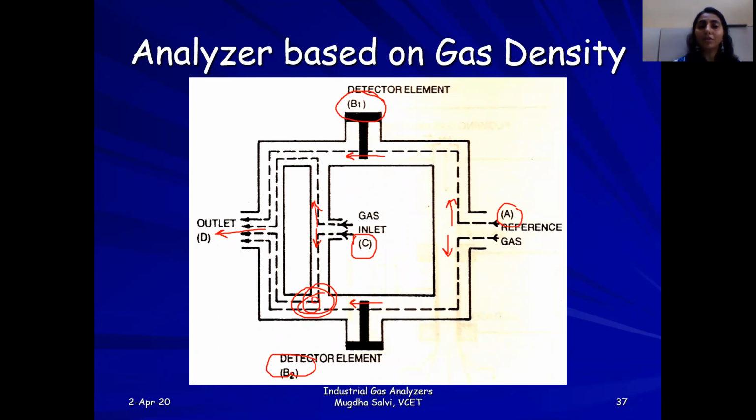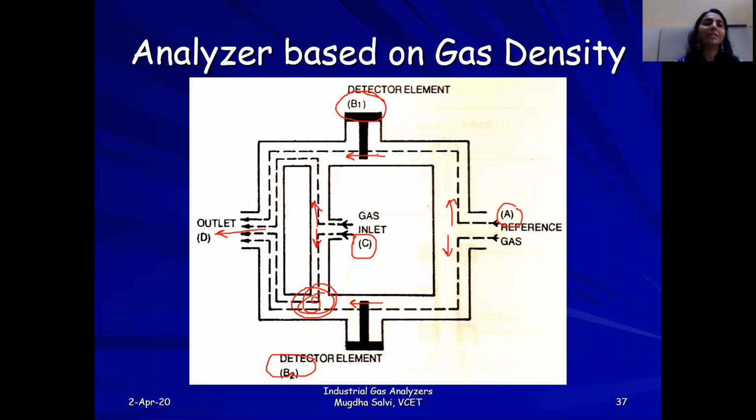Because it gets accumulated here, it is going to block the passage of the reference gas over the element B2, and there will be free movement for the reference gas through the element B1. Hence, B2 gets more heated because it is not getting cooled by the reference gas as in the previous case, whereas B1 is stable and is getting cooled as in the earlier case.